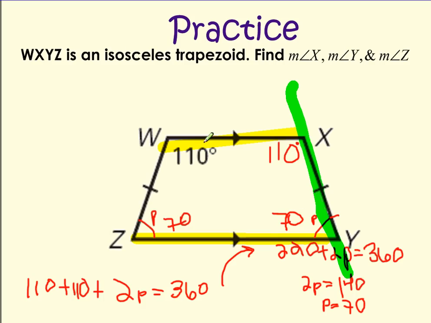And so in our trapezoid, since we have a pair of parallel sides, one angle from one base and another angle from another base should be supplementary to one another. So instead of setting up an equation saying it all equals 360, we could have just said that 110 plus p is going to be equal to 180 and gotten our measure that way as well.